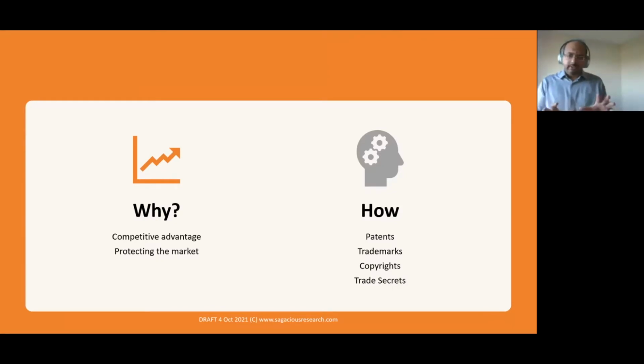We already touched upon it a bit, that organizations use patents, trademarks, copyrights, trade secrets, etc. But essentially, the key reason for protecting is to gain competitive advantage and protect yourself in a certain market. For example, if I am a technology supplier in the US, and I identify Japan and Korea as potential markets where I would sell, I need to protect my technology in those markets.